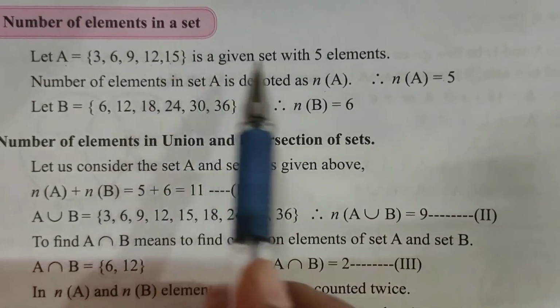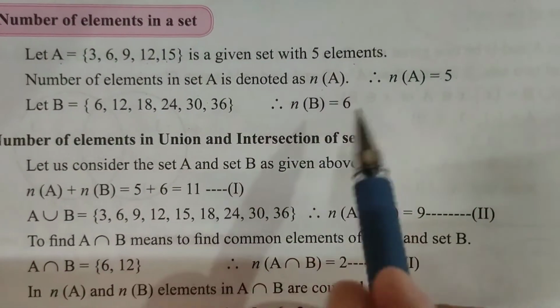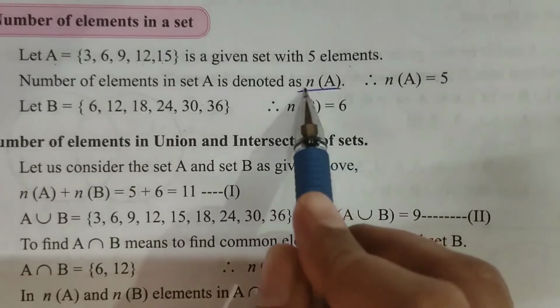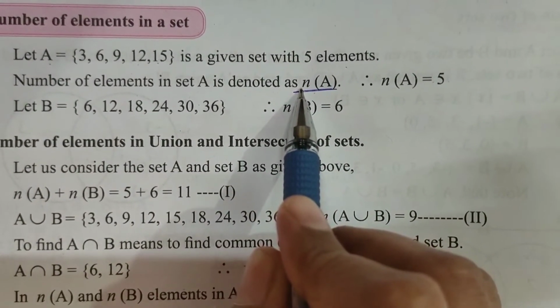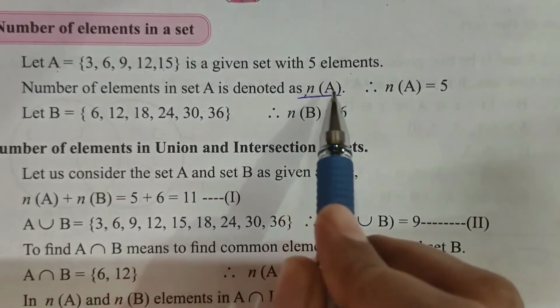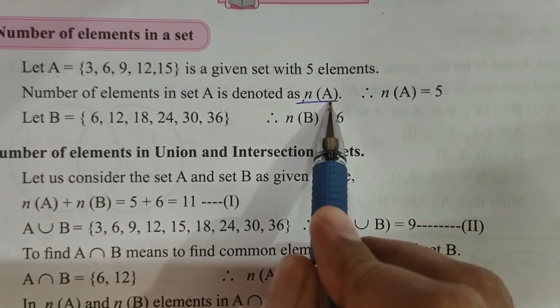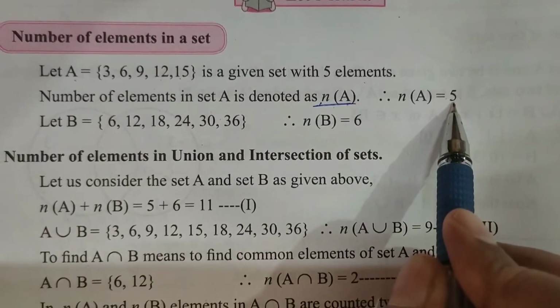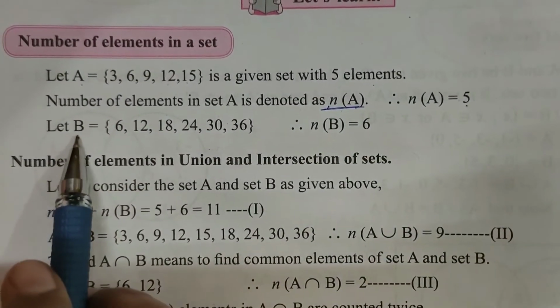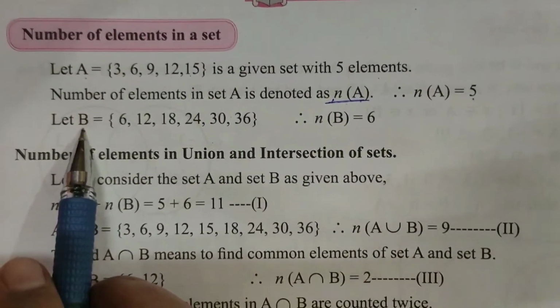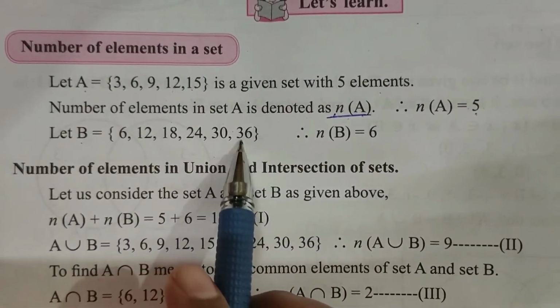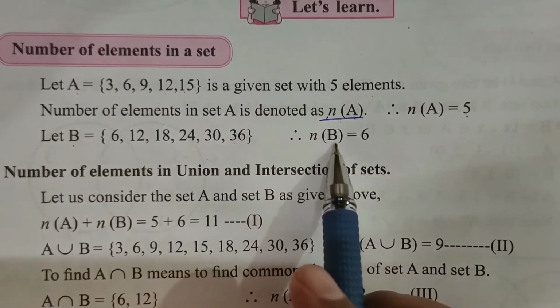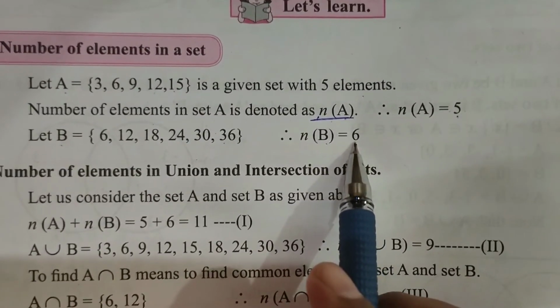So there are 5 elements, which is denoted by small n, called the number of elements in set A, n(A) equal to 5. Similarly, set B contains 1, 2, 3, 4, 5, 6 elements. So the number of elements in set B is equal to 6.